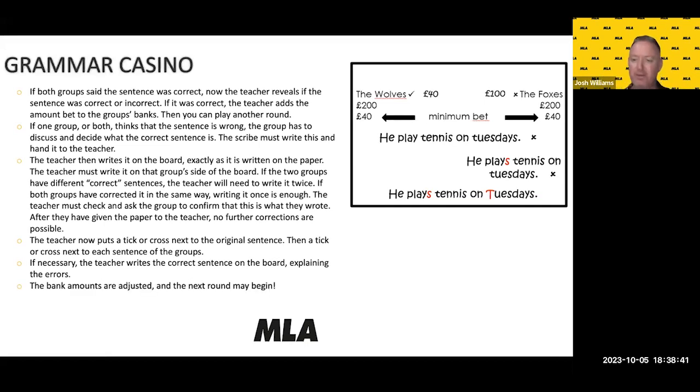And it can be really good introducing these two errors, particularly maybe not as a first one like we've done here, but sometimes later on in the game, if one group is getting overconfident, okay, and maybe even one group is far ahead, and you want to make it more competitive again. Okay? Then you adjust the bank amounts, and you can play another round with another sentence.